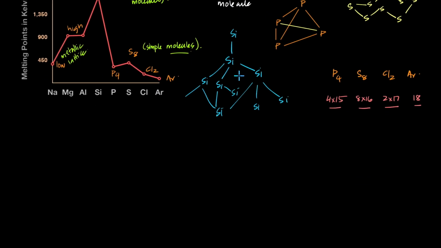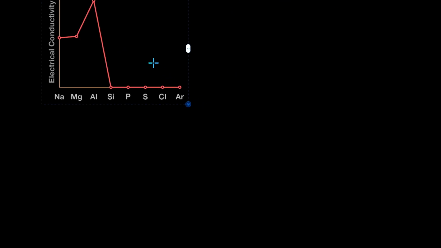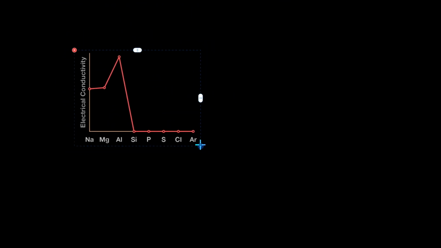Now the only other thing that relates to the structure that you should know based on their bonding is their electrical conductivity. So sodium and magnesium have moderate conductivity, aluminum has very high conductivity, and then these others have very low or non-existent conductivity. Magnesium is good enough, but it's not higher than aluminum.